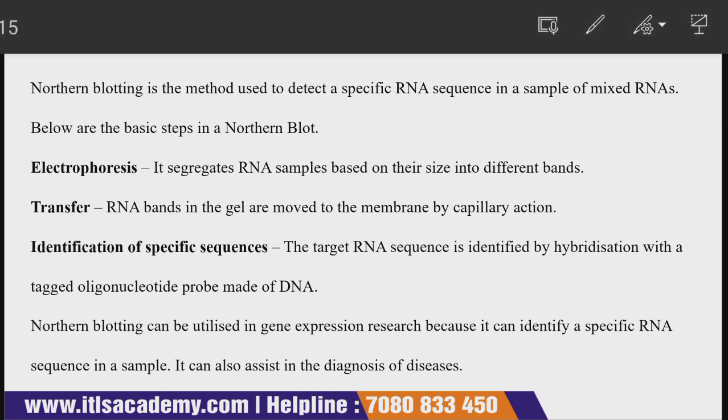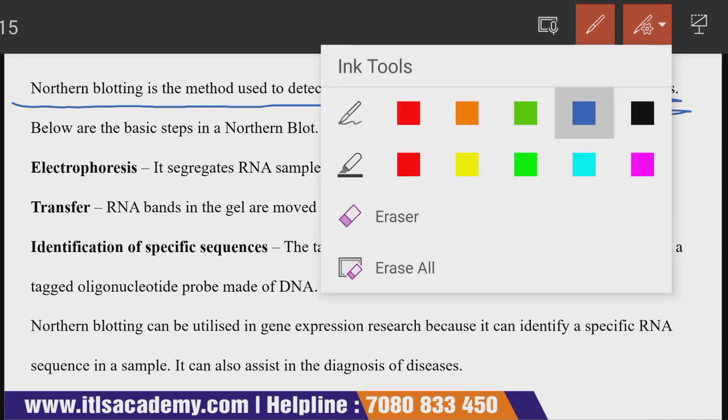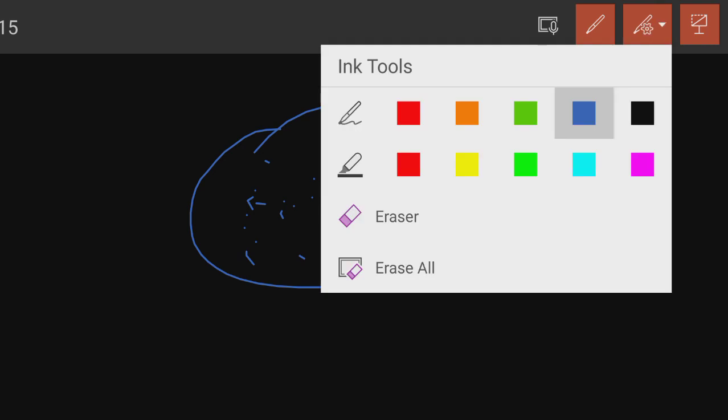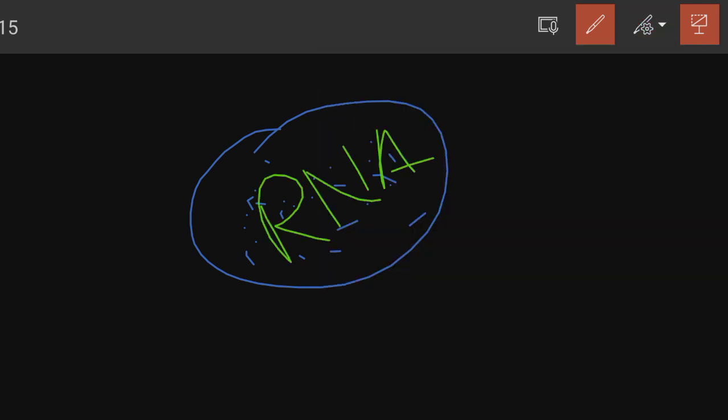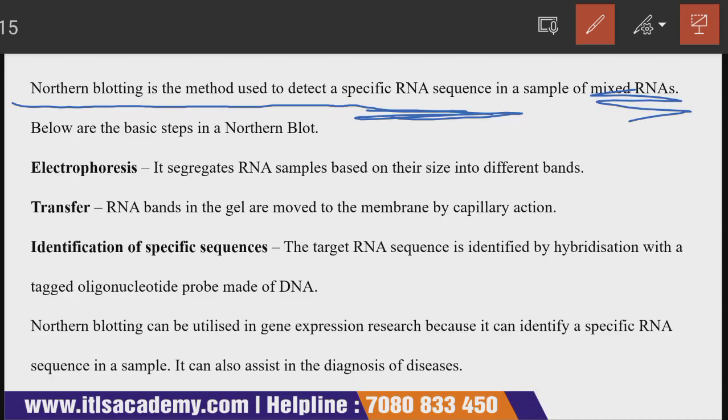Whenever there is a mixture of RNA, and you want to identify one specific RNA in it, which technique is used? The Northern blotting technique is used.